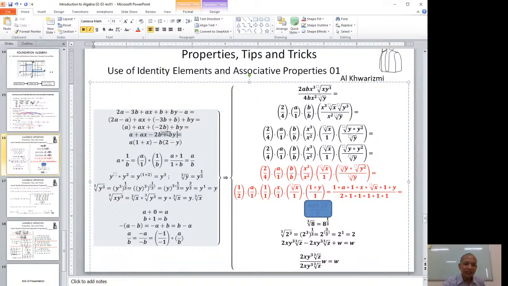Factor out also from these two expressions, we get b times bracket 2 minus b minus y. We must do the numbers step by step so that we see they are correct with no mistakes. 1 times 1 over b equals a over 1 times 1 over b, so it's a over b. 1 times 1 over b is the same thing as a over b.